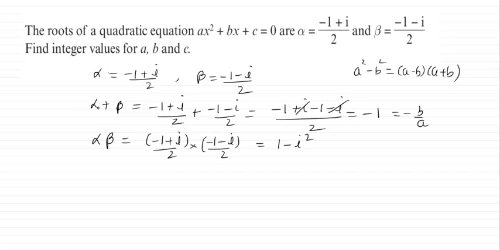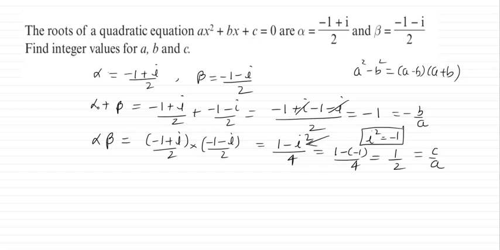So we can write down 1 minus i square divided by 4, right? Okay. So we know that i square is what? Minus 1. So if you put minus 1, it should be 1 minus minus 1 over 4. It should be 2 over 4. 2 over 4 is 1 over 2 and alpha beta is c over a.